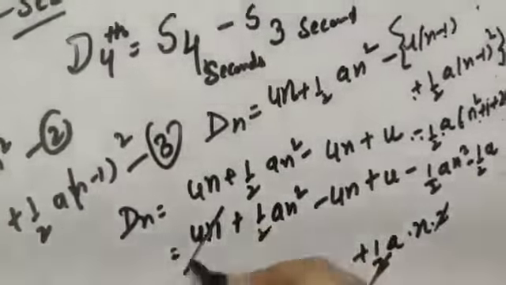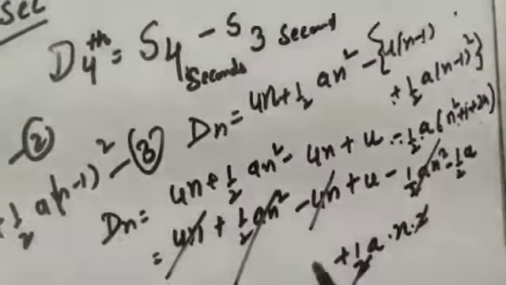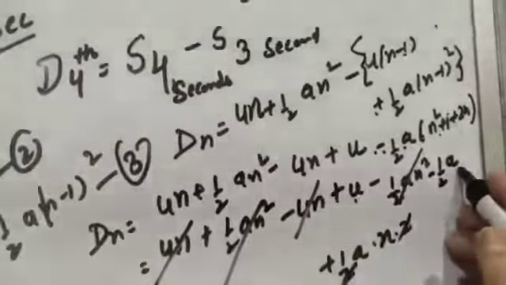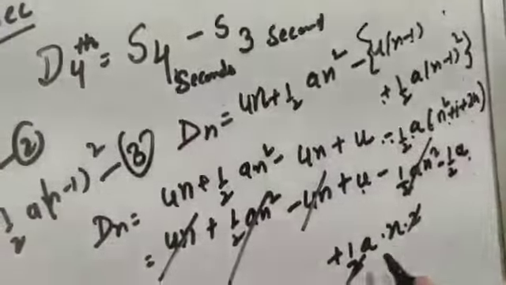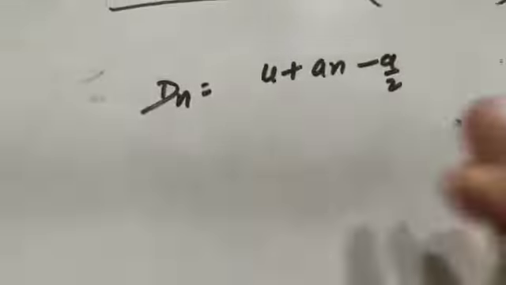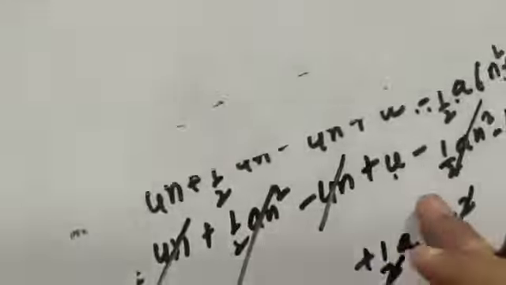Now what we are left with: un and un cancel, half a n square and half a n square cancel. So we are left with u minus 1 by 2 a and plus an, right? So what we get here is d is equal to u plus an minus a by 2. This is u minus a by 2 plus an.